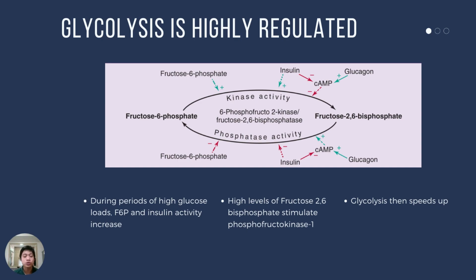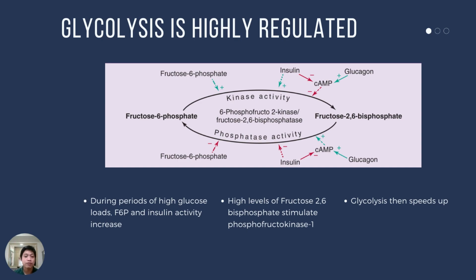High levels of fructose 6-phosphate will saturate a lot of the PFK1, phosphofructokinase 1, and the rest will then be taken up by PFK2, which will then produce fructose 2,6-bisphosphate. The production of fructose 2,6-bisphosphate from PFK2 is further stimulated by insulin.